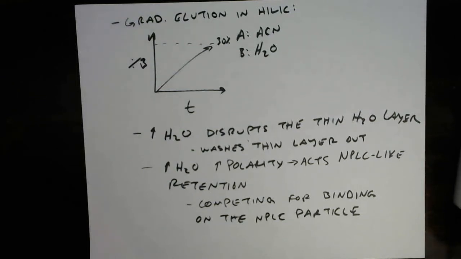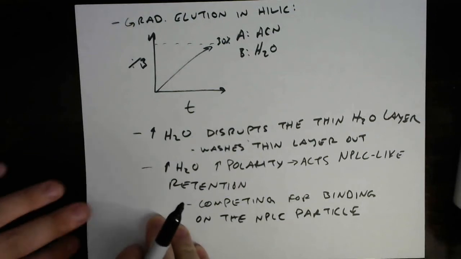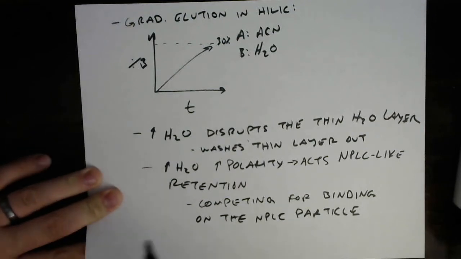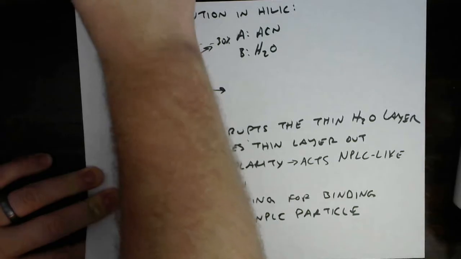Just one more thing I should tell you about, to make sure I'm covering all my bases here, which is why people do this at all, right? What problem does this HILIC thing solve?